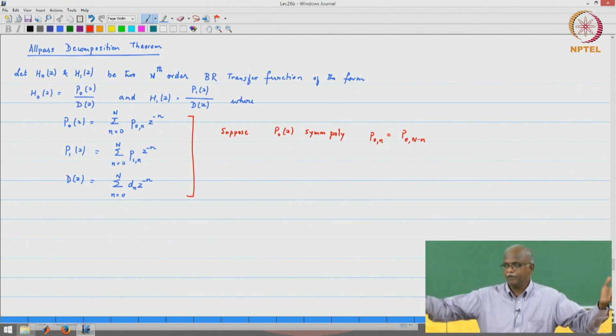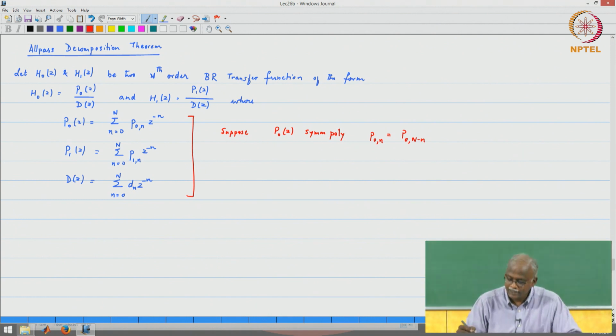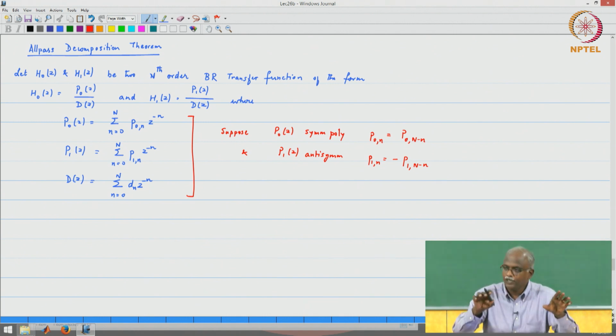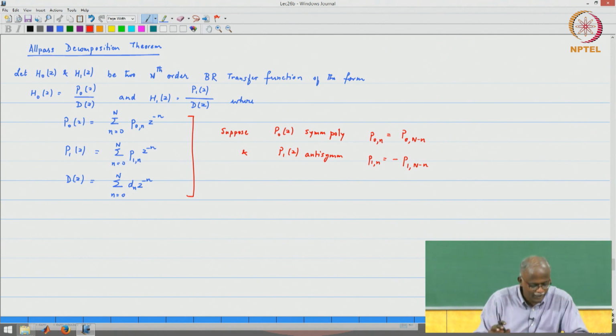So there is a symmetry, it is a finite length polynomial, and p1 of z is antisymmetric, which means p1,n will be equal to minus p1,N minus n. Okay. So what have we said so far? There are two bounded real transfer functions with the same denominator, and the numerator polynomials, one of them has symmetry, the other one has antisymmetry.